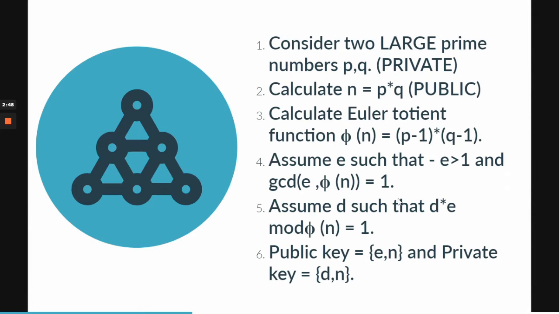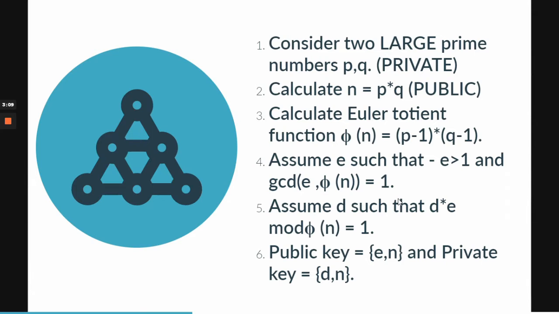Now the third one is to calculate the Euler totient function, phi of n, for which we have the formula (P minus 1) times (Q minus 1). After these three steps, we'll calculate the keys, one for encryption and one for decryption. Let E be the key for encryption, which has two conditions.